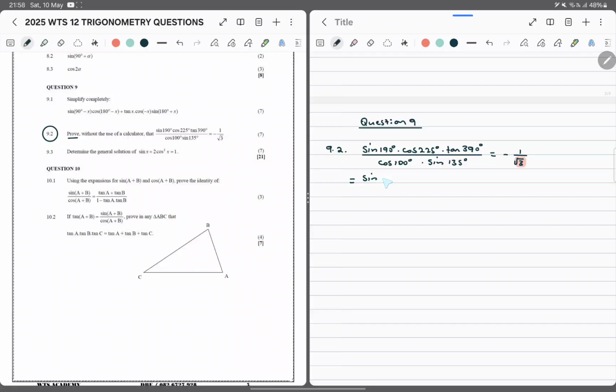Now sine, we set it up. 190 is 180 degrees plus 10 degrees, right? Because we can see there's 100 here, it should be 90 plus 10 as well. So we're going to use cofunctions there. So we can sometimes see it from the word go. 225 is 180 plus 45 times tan 10.